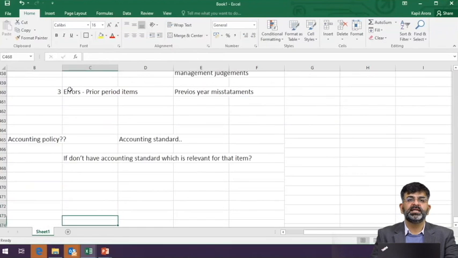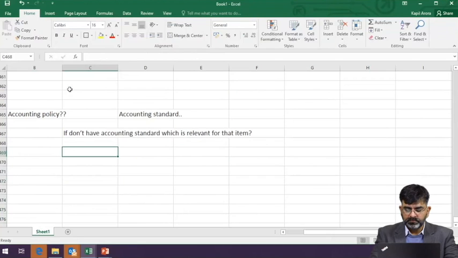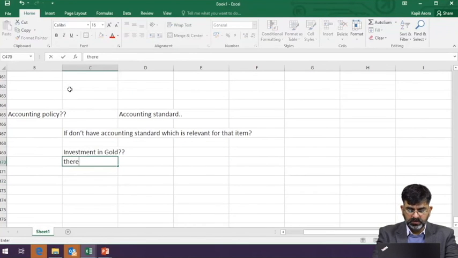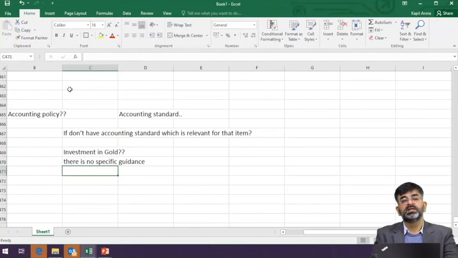Let me take one example here. If you have made an investment in gold, there is no specific guidance on how we are going to treat that. For example, the gold price was 10,000 rupees, now the gold price is 30,000 rupees.